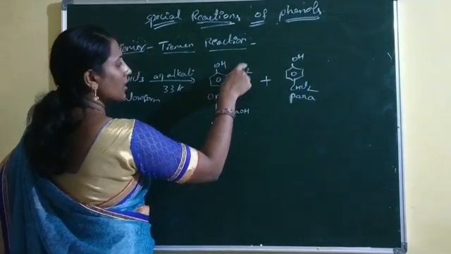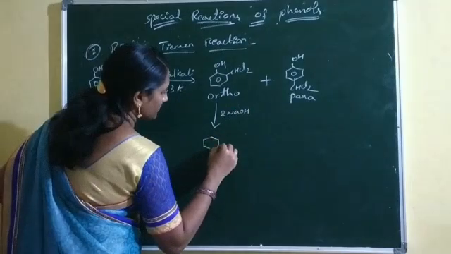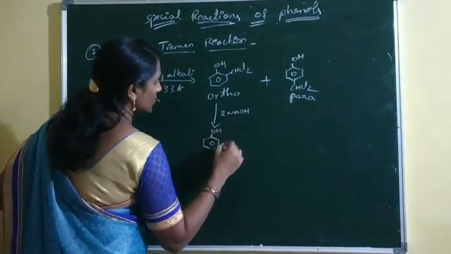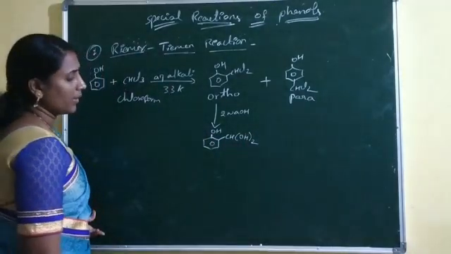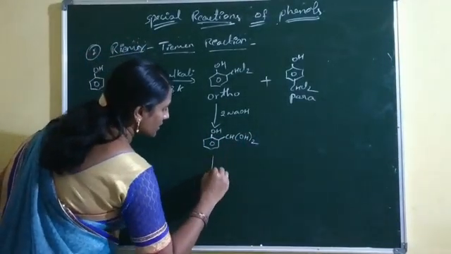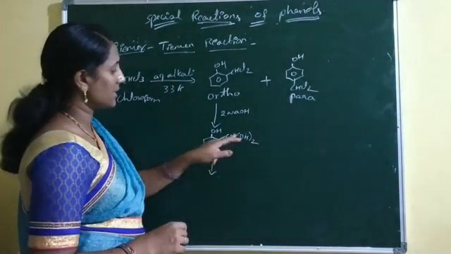These 2 chlorine atoms are replaced with 2 hydroxy groups to form OH and CH(OH) twice. Now this compound is unstable because 2 hydroxy groups do not exist on a single carbon.